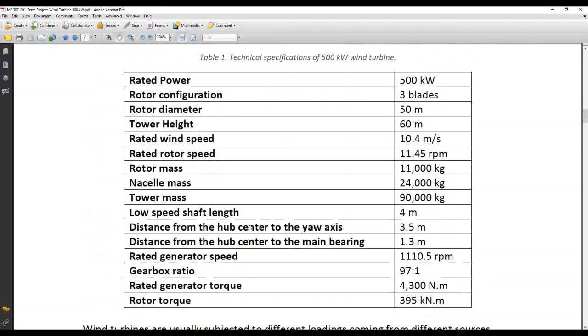The specifications are given to you. This is a 500 kilowatt wind turbine, okay? The maximum available these days is 5 mega, 5 megawatts. This is half a mega. And you see the forces, the loads in terms of mass. You're talking about something really huge.